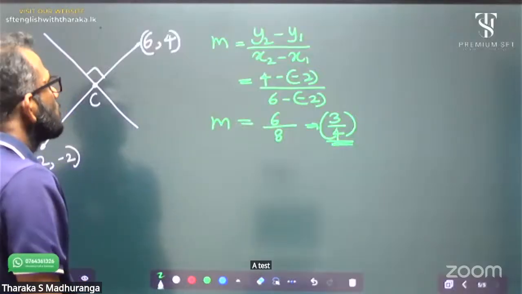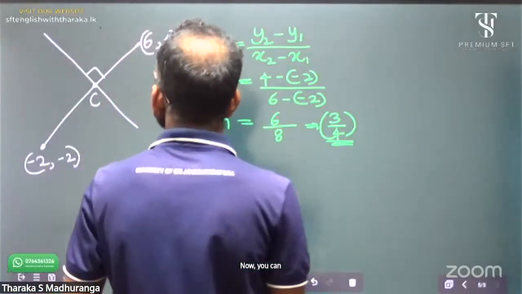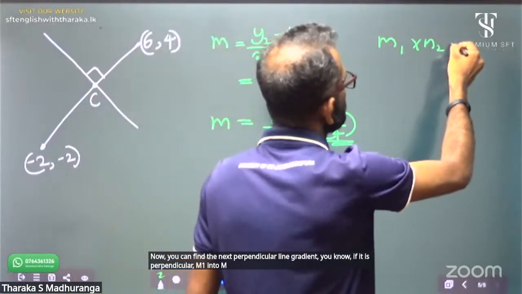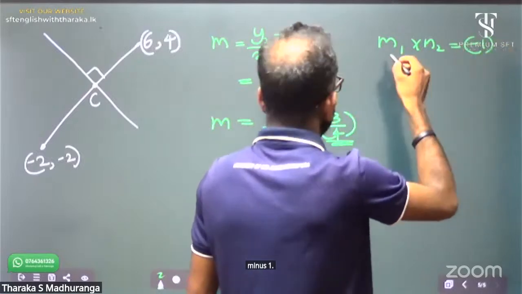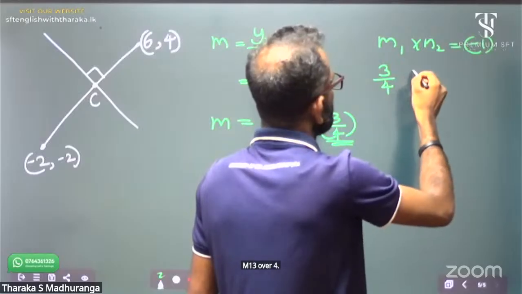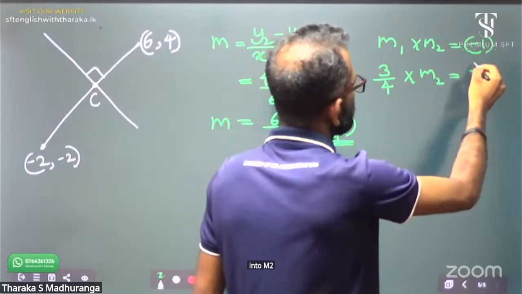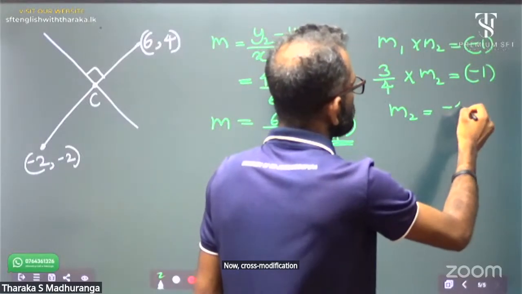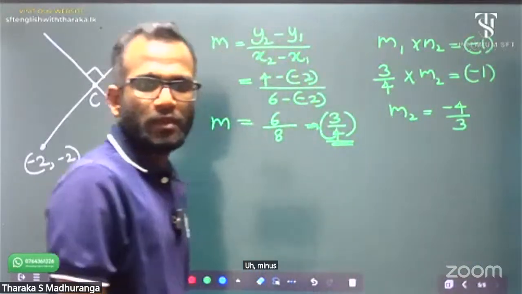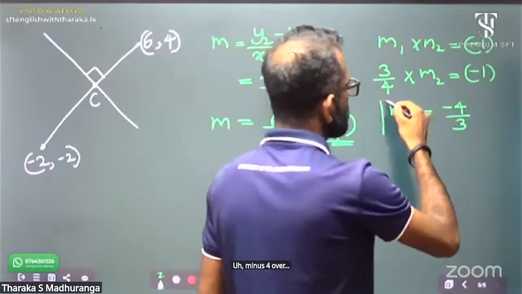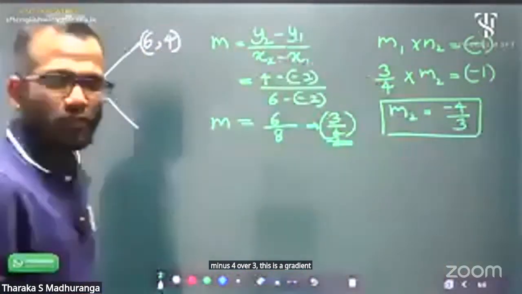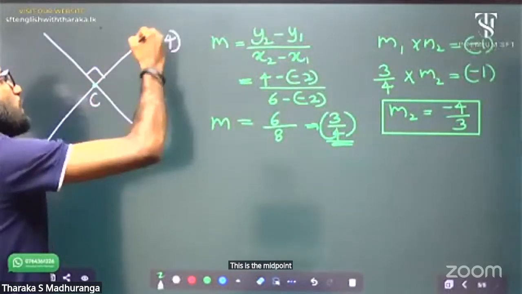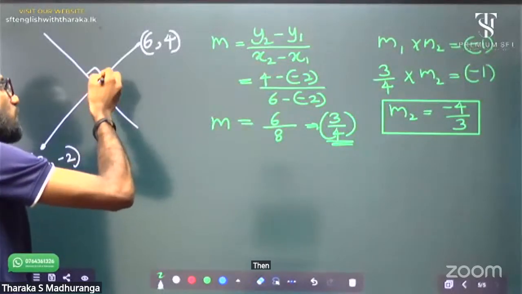That's correct. Now you can find the perpendicular line gradient. You know, if it is perpendicular, m1 into m2 equals -1. m1 is 3/4, into m2 equals -1. Now cross multiplication, m2 equals -4/3. This is the gradient of the unknown line. And this is the midpoint of this line, right? First of all, find the midpoint coordinates.